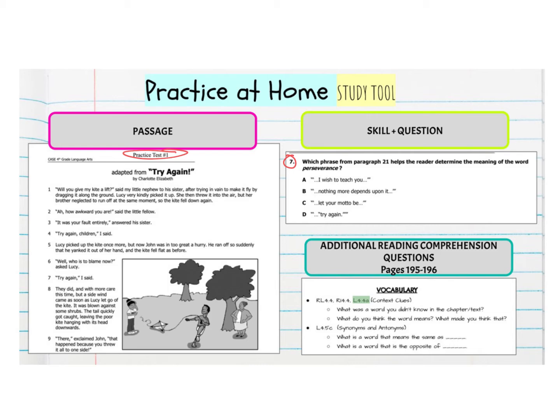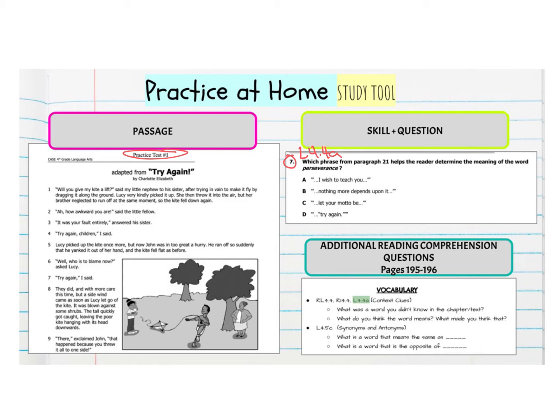Now on your interactive notebook, the skill is labeled, so you will notice it says L44A, which is context clues. The questions on your test will not be exactly like this question. Very similar, but with a different passage.